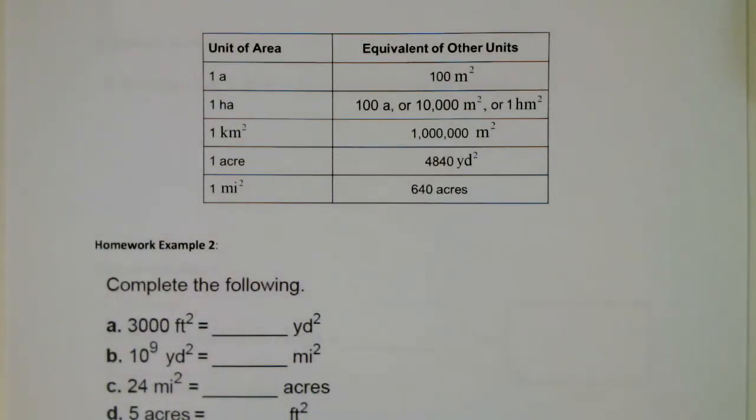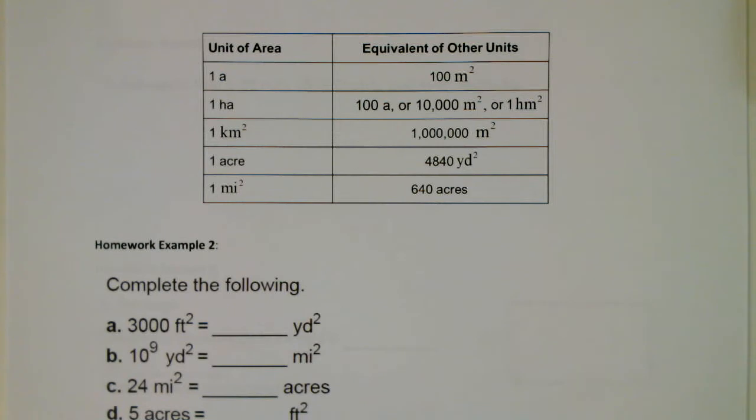So in this case here, the unit area, let's say, is 1 are, and that's equivalent to 100 square meters. 1 hectare is equivalent to 100 ares, or 10,000 square meters, or 1 square hectometer.